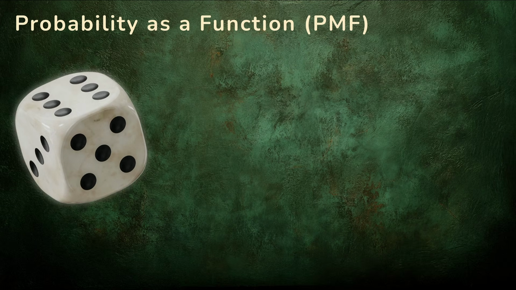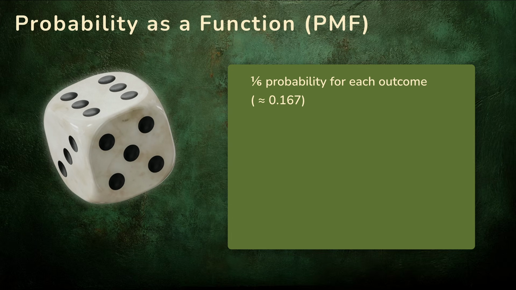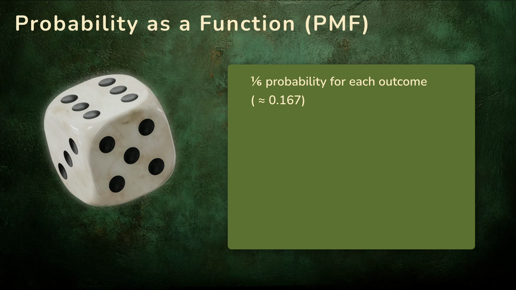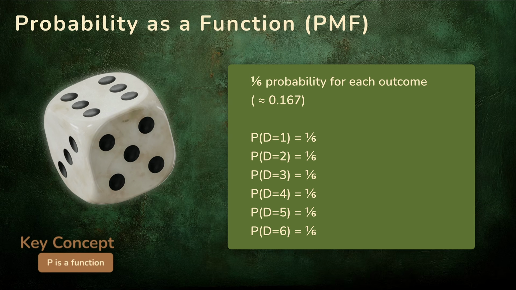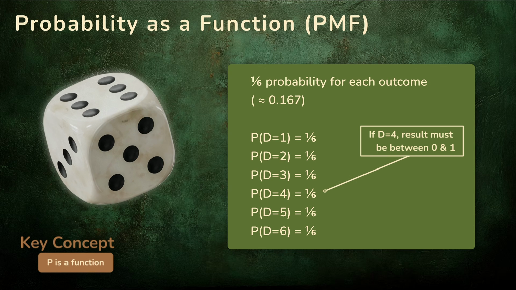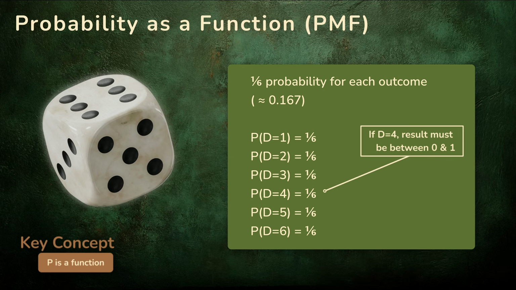If the die is fair, each outcome has probability of 1/6, about 0.167. We can write the probabilities for all 6 outcomes like this, where P stands for the probability of the outcome. Here's the key idea. P is a function. You plug in an outcome, like D equals 4, and it returns a number between 0 and 1.